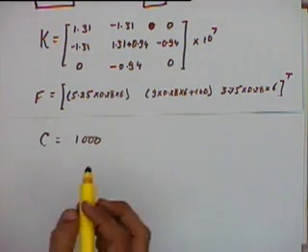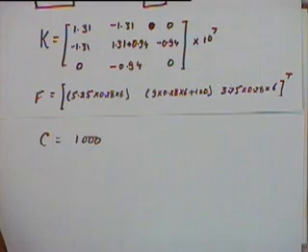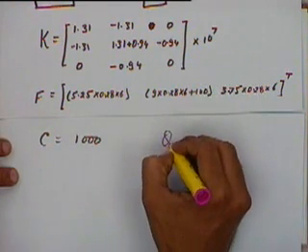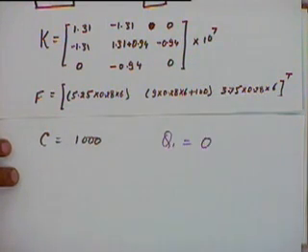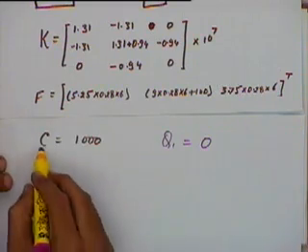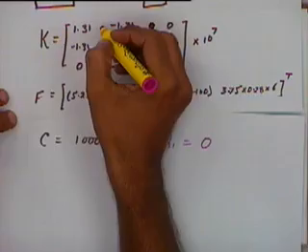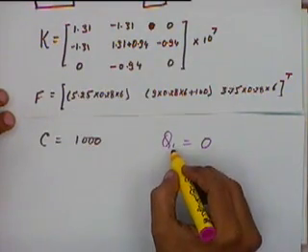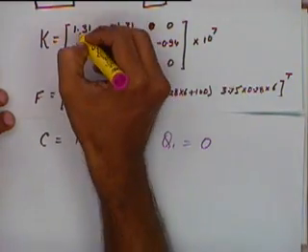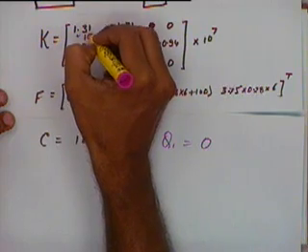My boundary condition in this case is Q1 is equal to 0. So if I take C to be 1000, I have to modify my K matrix by adding 1000 to the location 1 1.